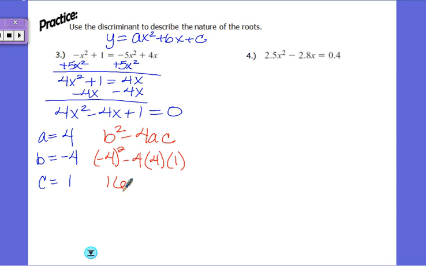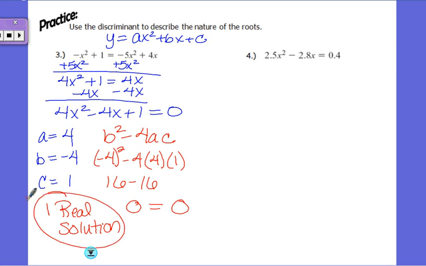Negative 4 times a positive 4, minus 16. Well, 16 minus 16 is 0. So how does that compare to 0? It's equal. So that means we have one real solution. And you can always plug our equation into y equals and take a look at the graph and see how many solutions there are.